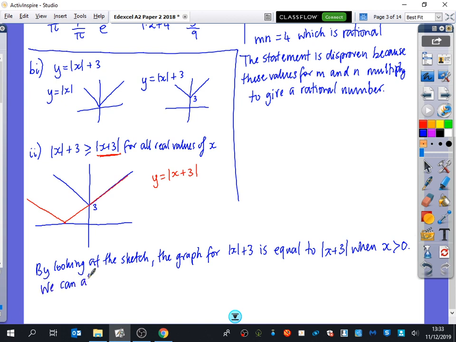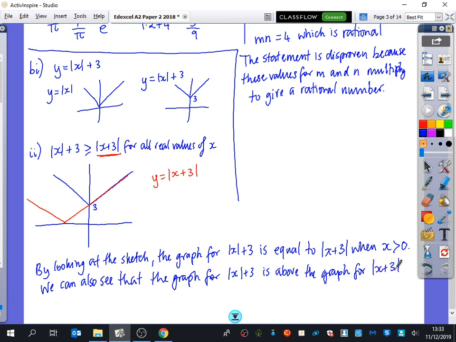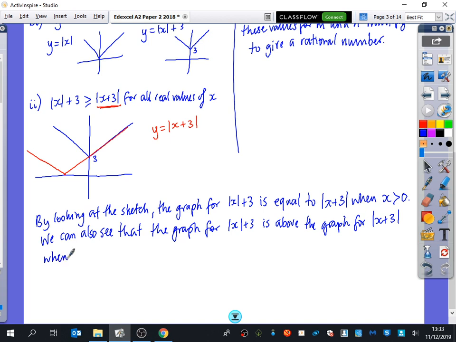We can also see that the graph for the modulus of x plus 3 is above the graph for the modulus of x, plus 3, when x is less than 0. You can see that here, that the red line is underneath the blue line. So we can say that the modulus of x plus 3 is greater than the modulus of x, plus 3.